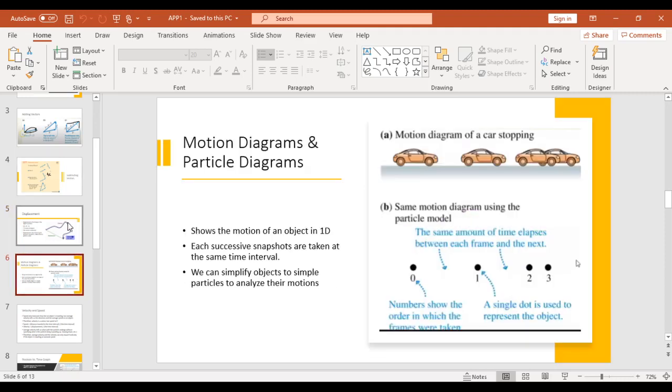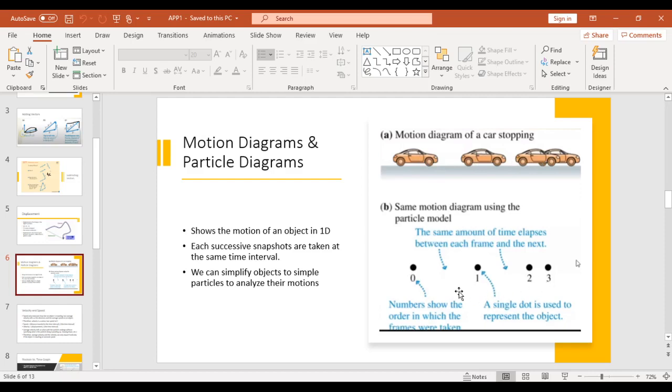Now, with displacement discussed, we move on to how to represent motions, and that brings us to motion and particle diagrams. So you can see here, to the right, it shows a 3D object moving, but it's represented in a one-dimensional model, right? So from here you have the motion diagrams, and here you have the particle diagrams.